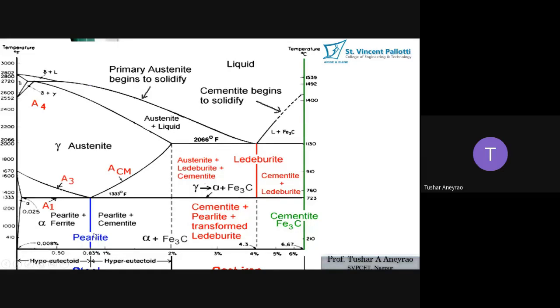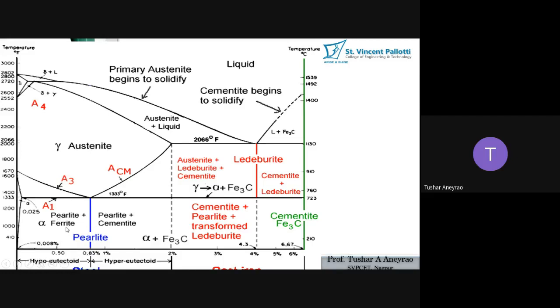Now what is pearlite, and how is it formed? That mechanism is similar to the formation of the ledeburite structure. Pearlite and ledeburite structures are formed by a similar mechanism. The only difference is that here we get a transformation from liquid to solid, and there we get a transformation from one solid to two other solids, right?